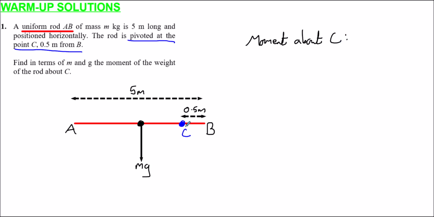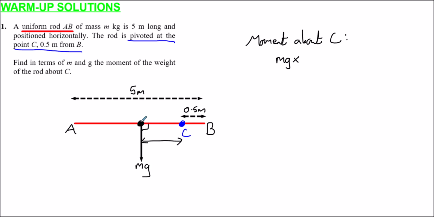Well, relative to C, the only force acting on this rod is its weight, mg. So the moment is the magnitude of the force, which is mg, and we multiply that by the perpendicular distance of the line of action of this force away from the pivot. So this mg is perpendicular to C, because that's a right angle. So all we need to do now is to work out this distance here, which is going to be fairly straightforward.